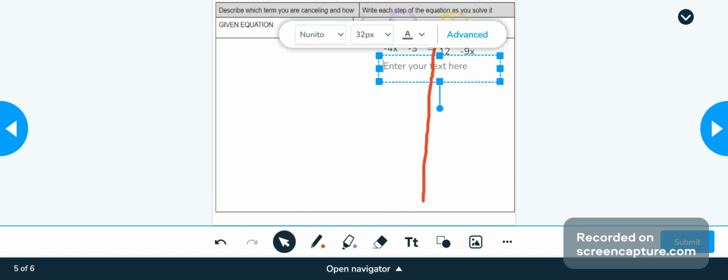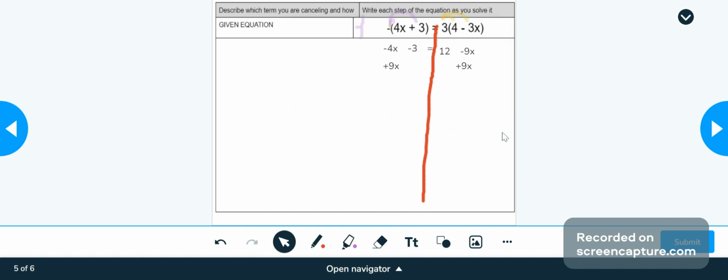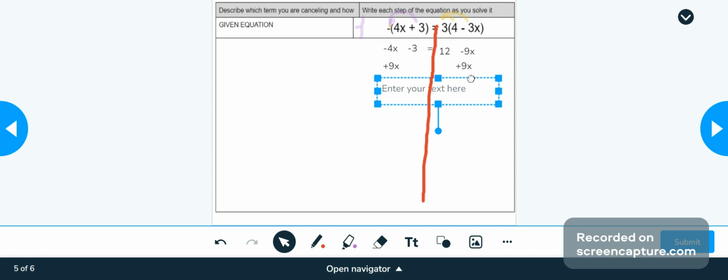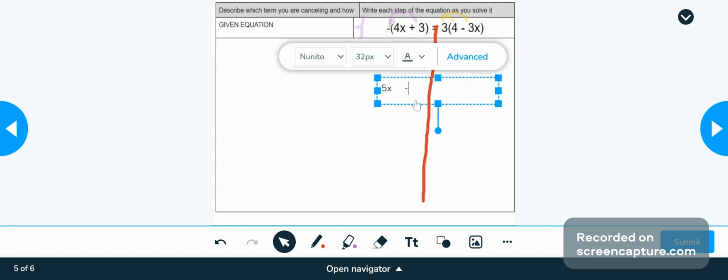And since it's already minus 9x, if I add the 9x on the left side and I add the 9x on the right side, I say, okay, the one on the right side cancels. Negative 4x plus 9x is just a positive 5x. The minus 3 on the left side is still there, and it still equals the 12 that I had on the other side. From there, what do I have to cancel?